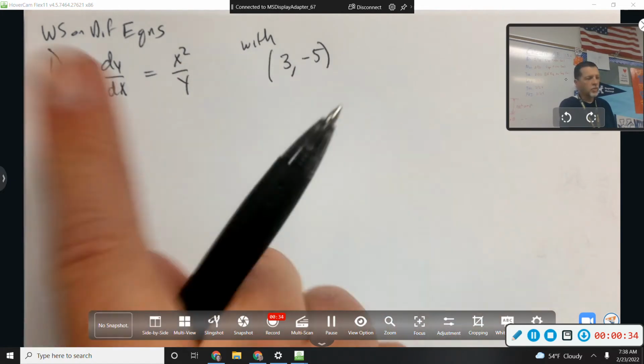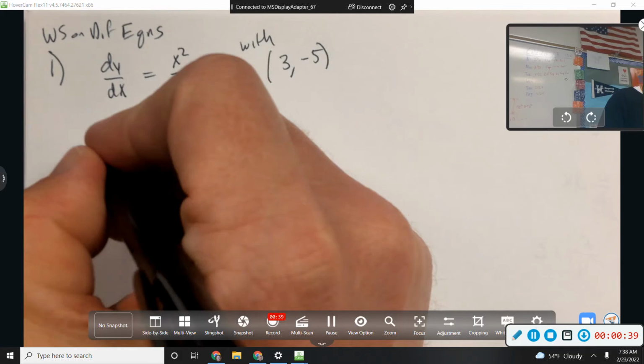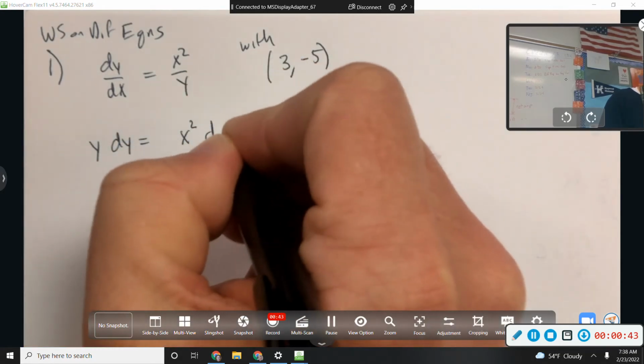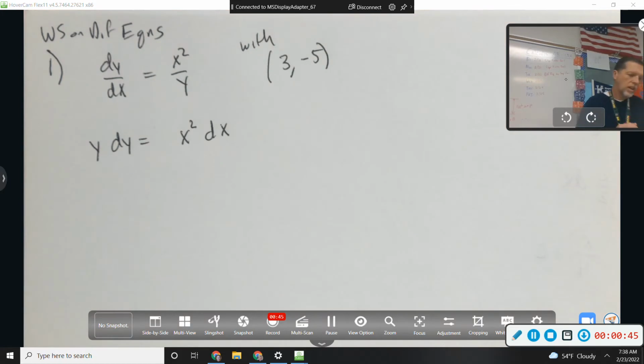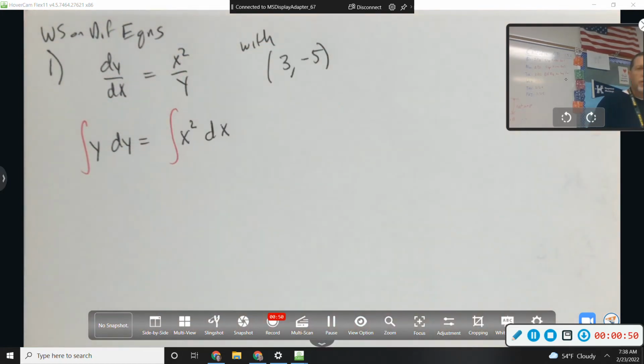But first, we'll separate the variables, integrate both sides, and go from there. So y dy equals x squared dx. Integrate both sides. Both pretty straightforward power rules, so nothing crazy.